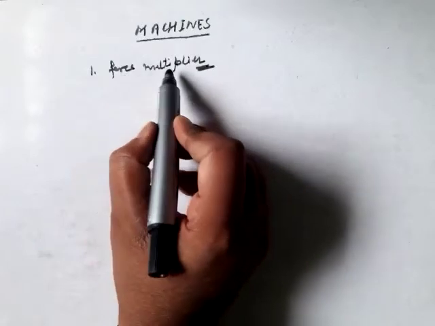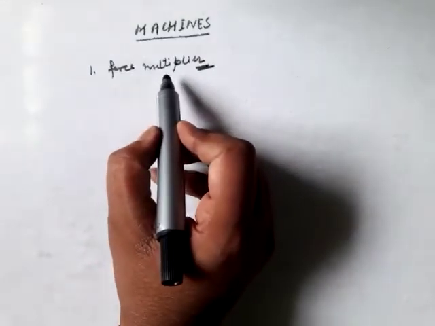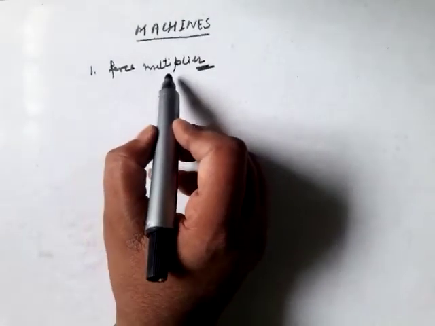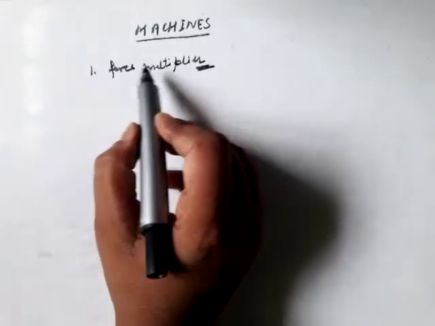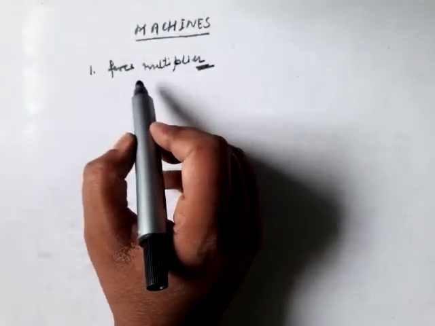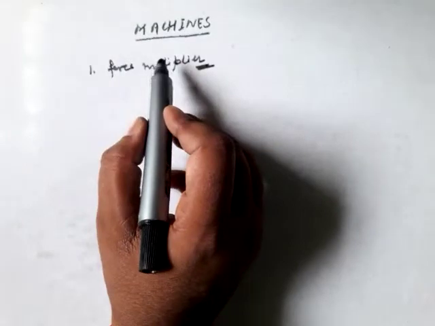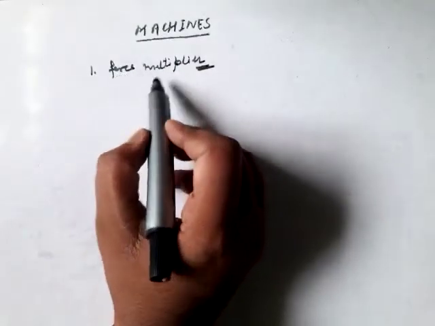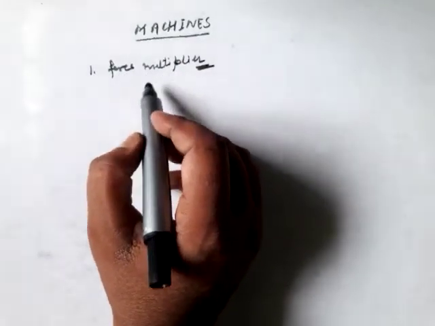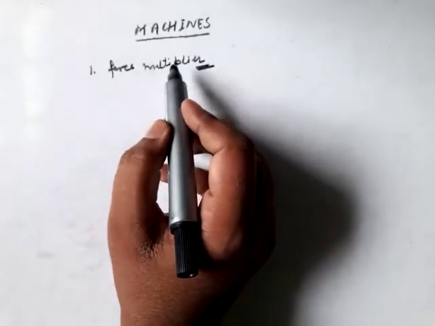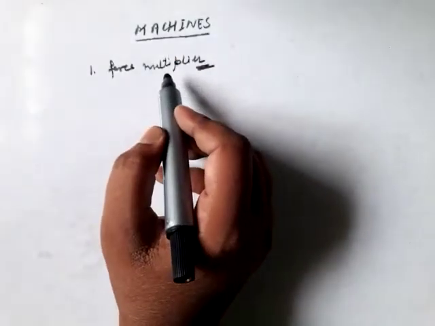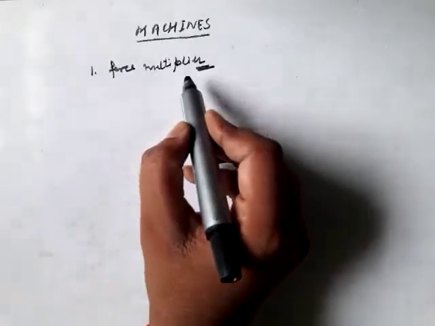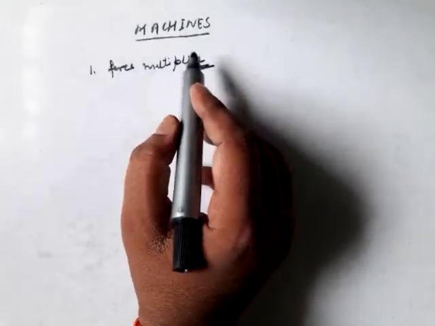What does force multiplier mean? It means a simple machine is helpful in multiplying the force, so with less effort we are able to lift a heavy load. This is what we call a force multiplier. If we apply less force and get more output, that means we can lift more load with the help of a simple machine.